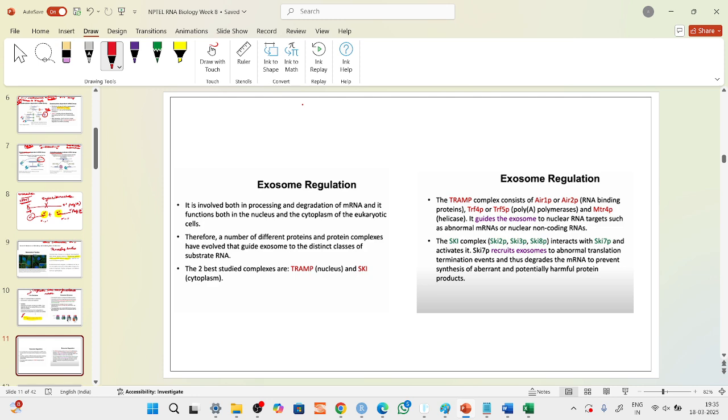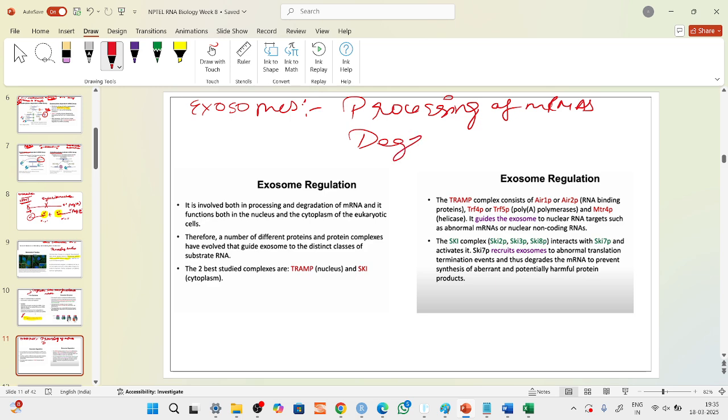So you should always remember that when I talk about exosomes, they are involved both in processing of mRNAs, and they are also involved in the degradation of mRNAs. Okay.